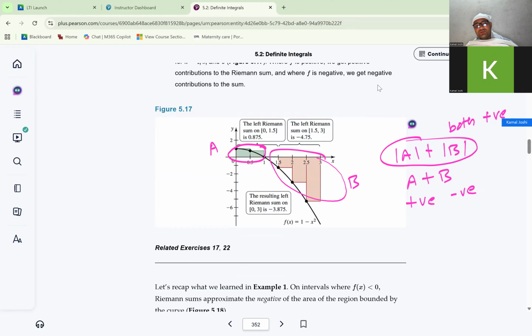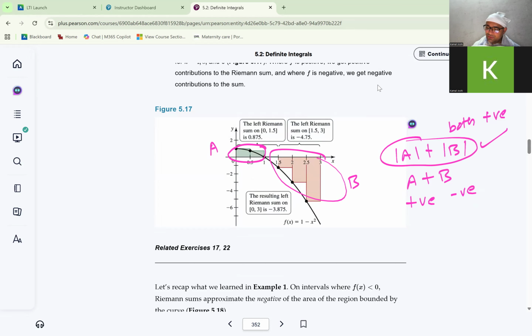So in the first case, we are looking at the actual total area between the curve and the x-axis. This is the absolute or total area.